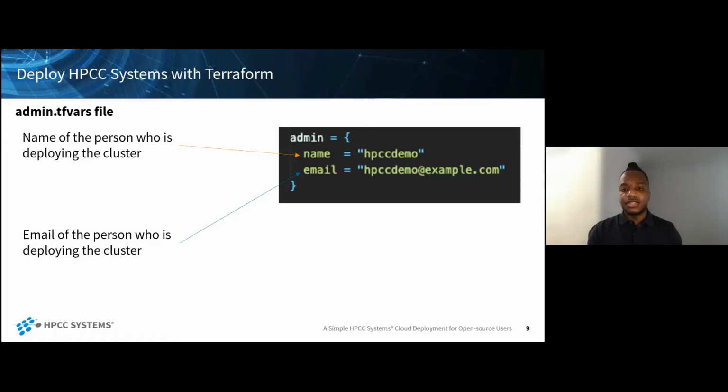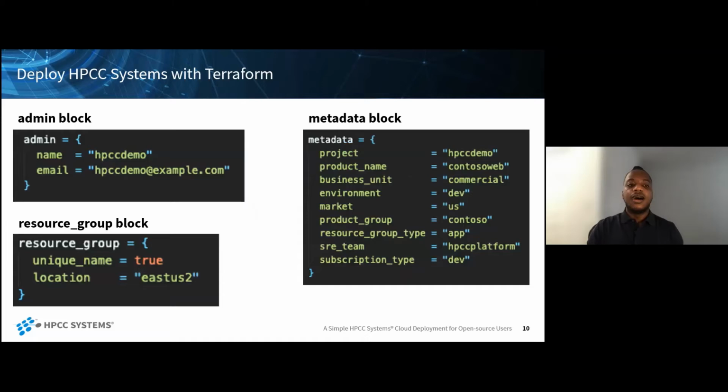This block is responsible for creating tags based on the name of the user that is deploying the platform, and also the email of the user, in order to create an email tag in case someone wants to contact that user. Other blocks are the resource group block and the metadata block, as you can see.